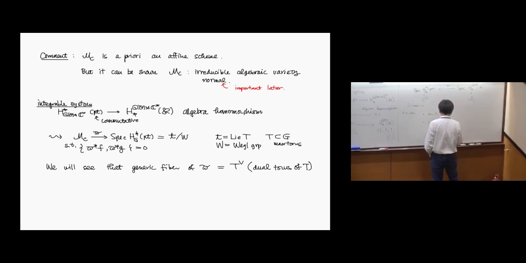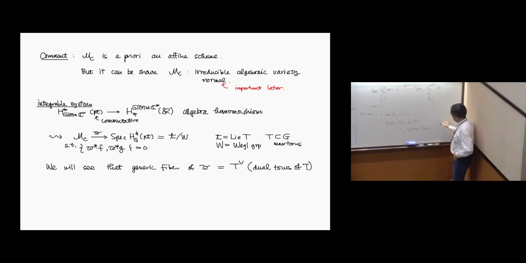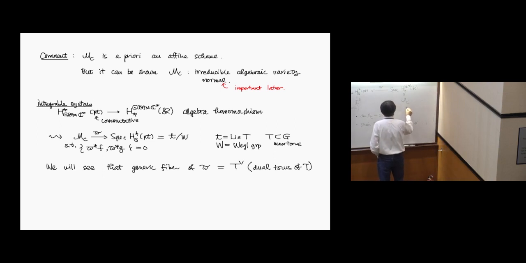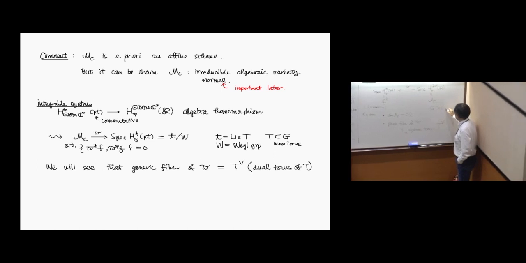So instead, we get an algebraic torus. In fact, we get the dual torus of the maximal torus of G, the complex one, where T is the maximal torus. And this is the dual.